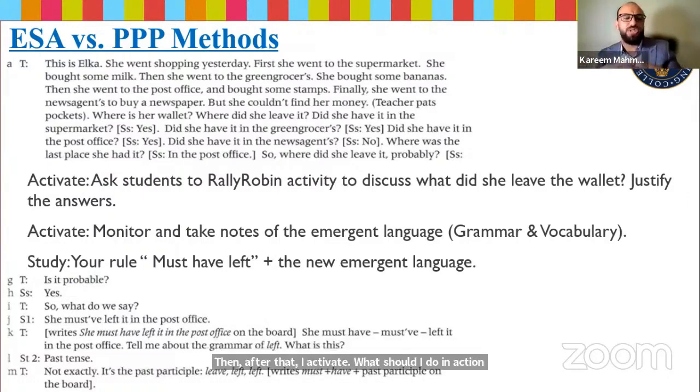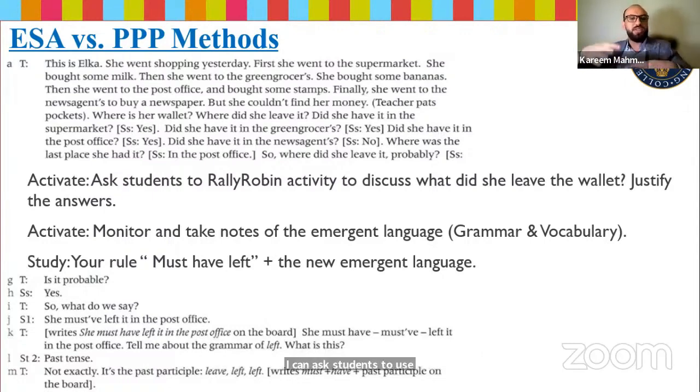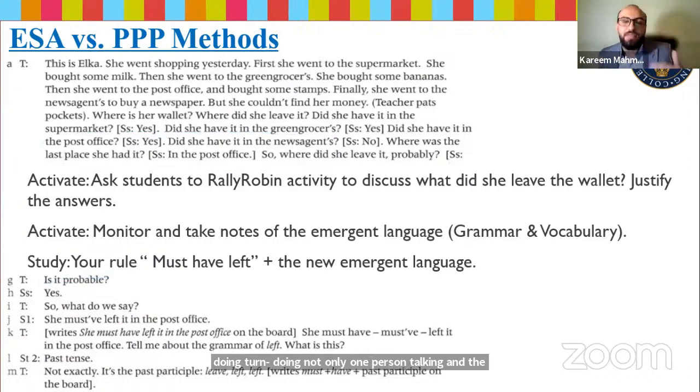I can ask students to use Rally Robin. If you're familiar with Kagan structures or Kagan strategies, Rally Robin means that two persons are doing turn-taking, not only one person talking and the other listening. They discuss where did she leave the wallet?